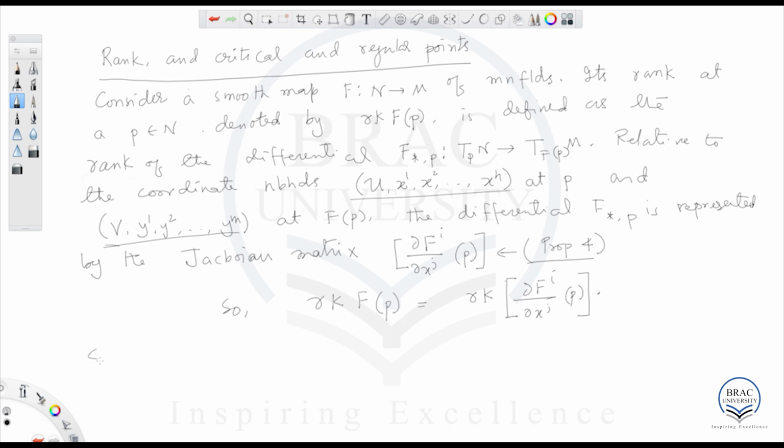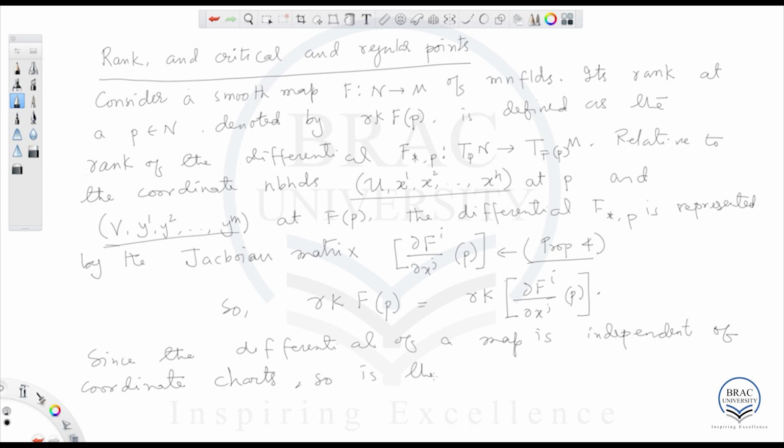Since the differential of a map is independent of coordinates, this rank is independent of coordinate charts, so is the rank of a Jacobian matrix.